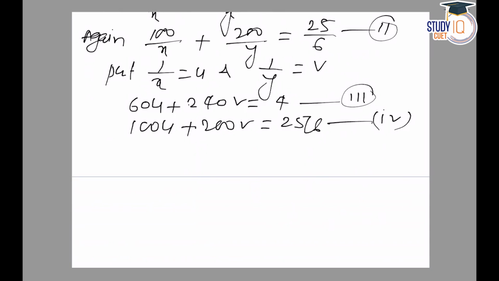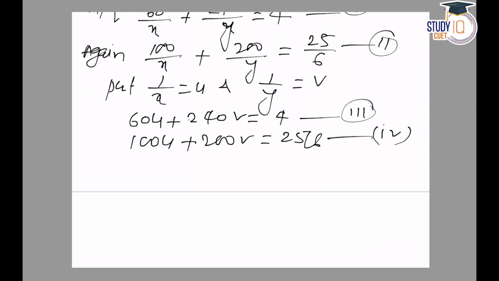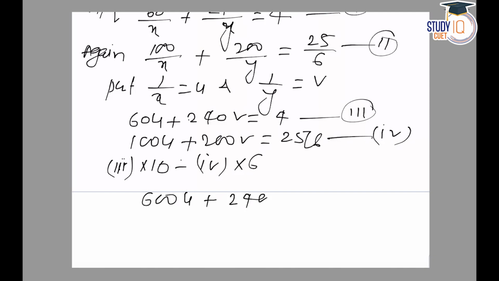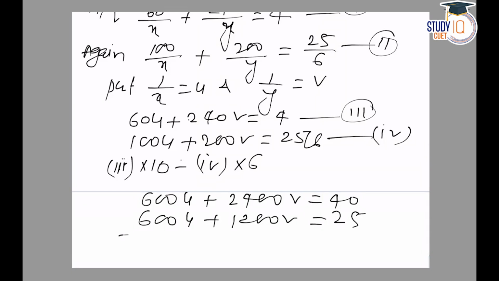So multiply equation 3 by 10 and equation 4 by 6, and subtract. So 600u plus 2400v equals to 40 and 600u plus 1200v equals to 25. 600u cancelled out.